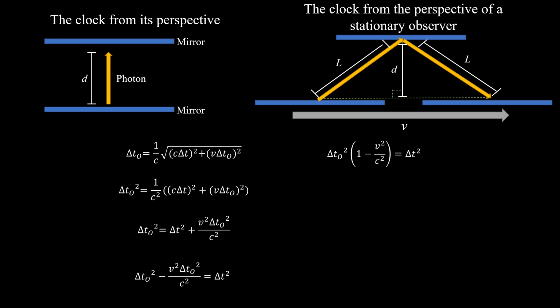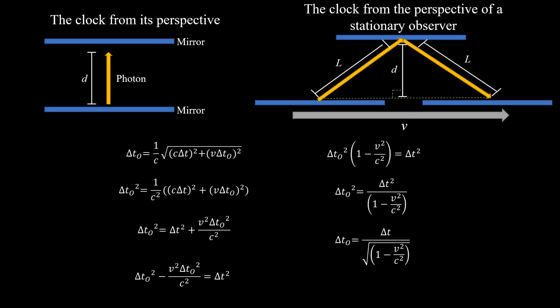Next, we move the 1 minus v squared over c squared term back to the right side, getting delta t(O) squared is equal to delta t squared over 1 minus v squared over c squared. Finally, we can apply the square root to both sides, getting our fully simplified equation, delta t(O) is equal to delta t over the square root of 1 minus v squared over c squared.